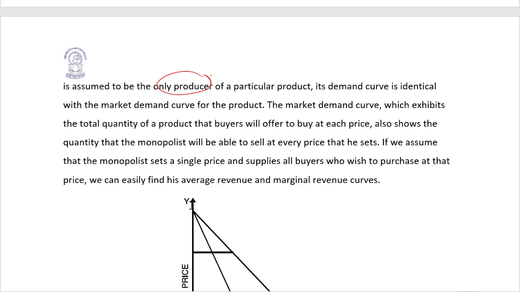The market demand curve, which exhibits the total quantity of the product that buyers will offer to buy at each possible price, shows the quantity that the monopolist will be able to sell at every price that he sets. If we assume over here that the monopolist sets a single price and supplies all buyers who wish to purchase at that price only, we can easily find the average revenue and the marginal revenue curves.